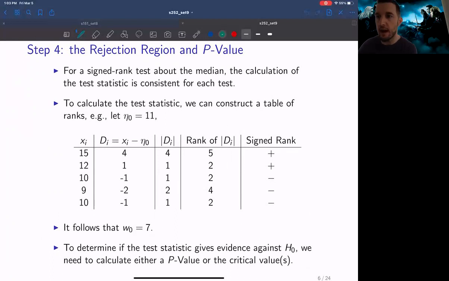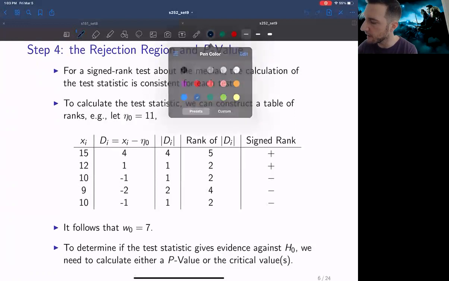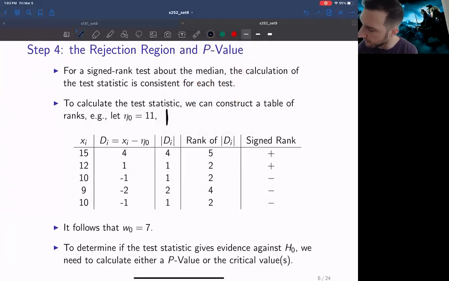Okay, so this is how we calculate the test statistic for a signed rank test. Suppose that we are testing against a population median of 11. So we have in this situation a null hypothesis that looks something like this: H0 eta equals 11, or one of the alternatives thereof.